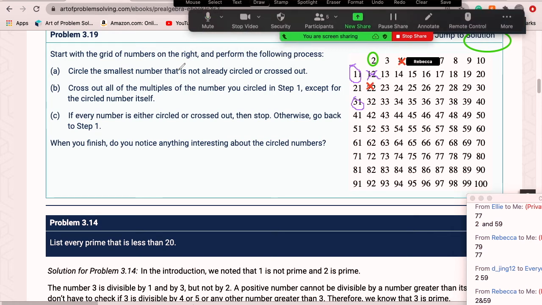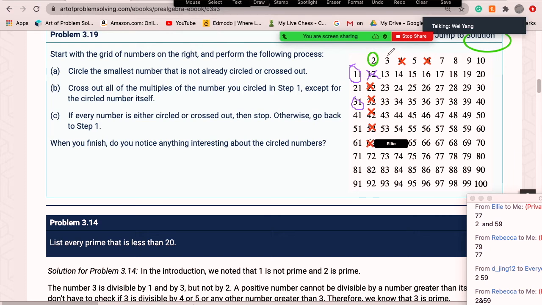Say you circle 2 first, then circle 3. Circle the smallest number that's not already circled or crossed out. Then you cross out all the multiples of the number you circled in step 1.